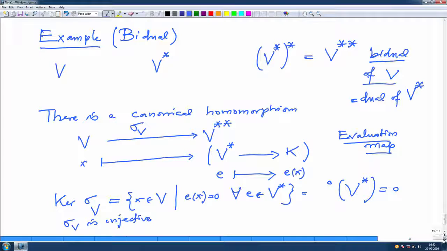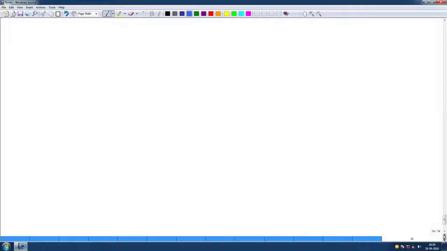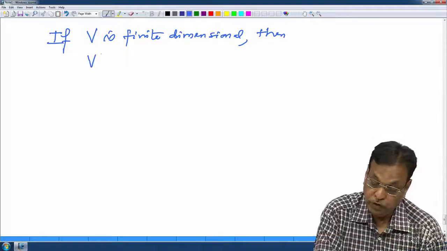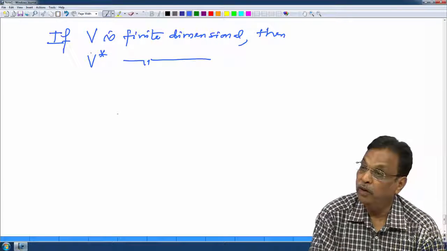Moreover, if V is finite dimensional, then V star is also finite dimensional and the dimensions are equal.